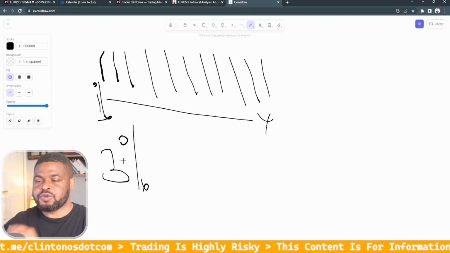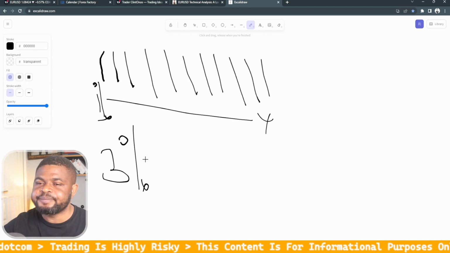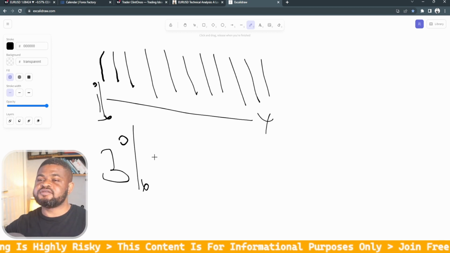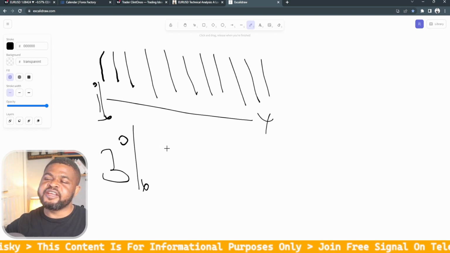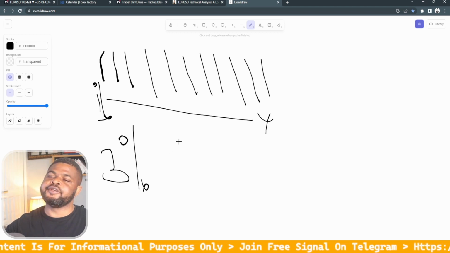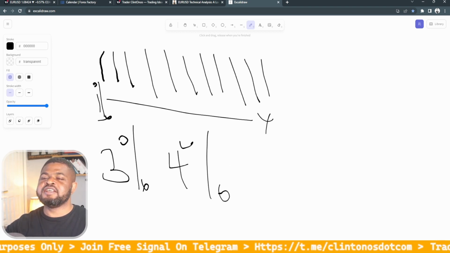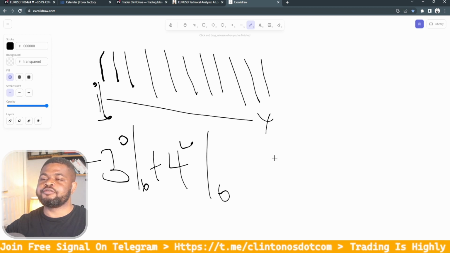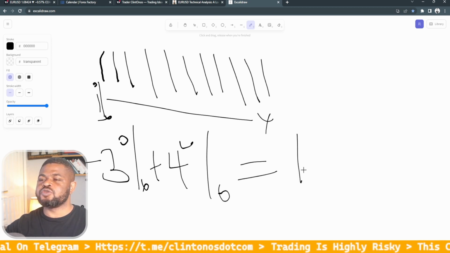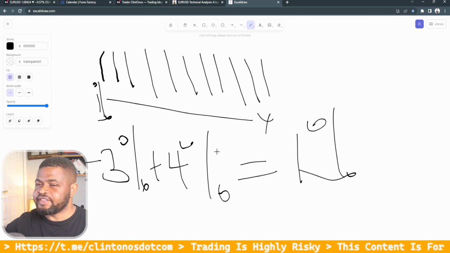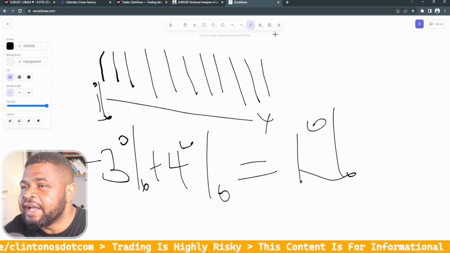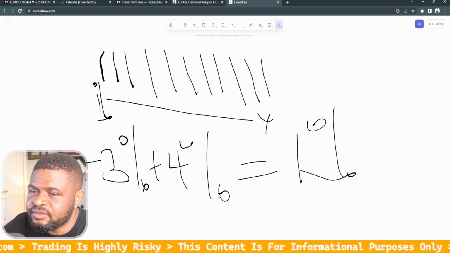Just assuming you lose 3% for that day, then the next day you gain, depending on your risk to reward anyway, you gain 4%. Technically, minus 3 loss plus 4, we are equal to 1%. So you are up by 1%.